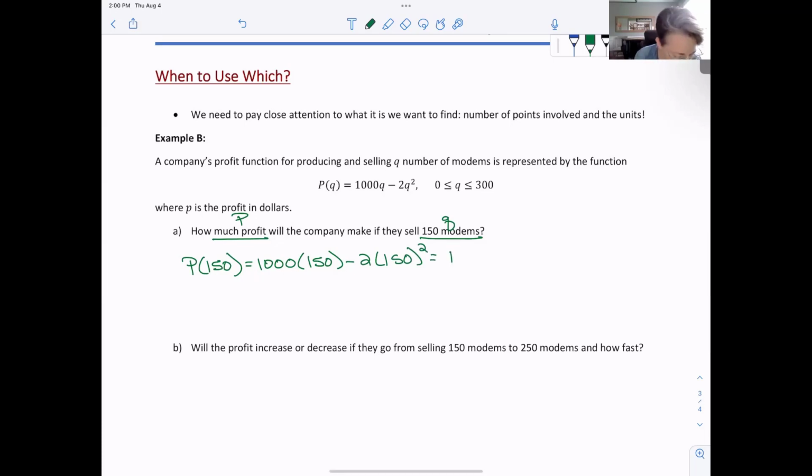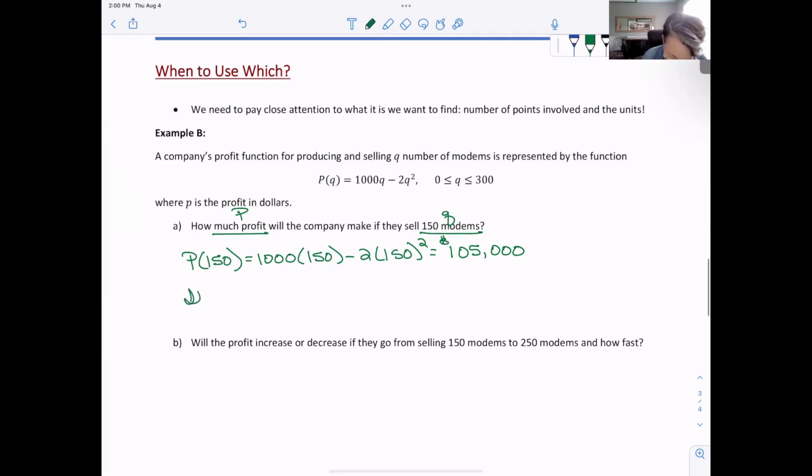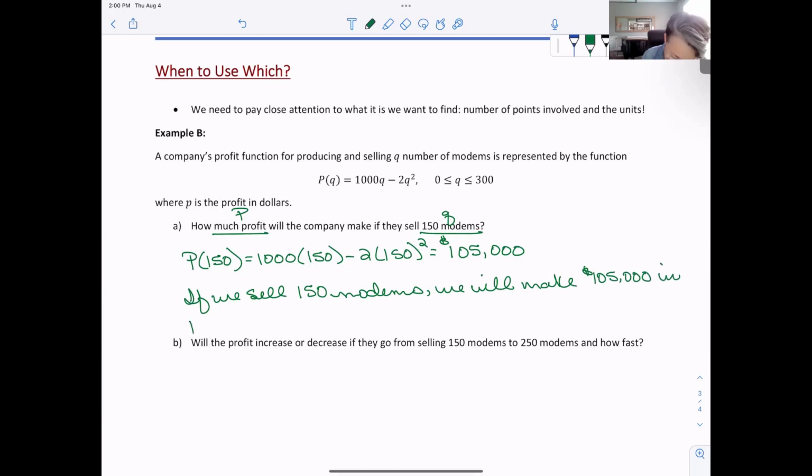And if I put it in my calculator, that gives us $105,000. So again, what does that mean? That means if we sell 150 modems, we will make $105,000 in profit. Yes, it's nothing about a rate of change.